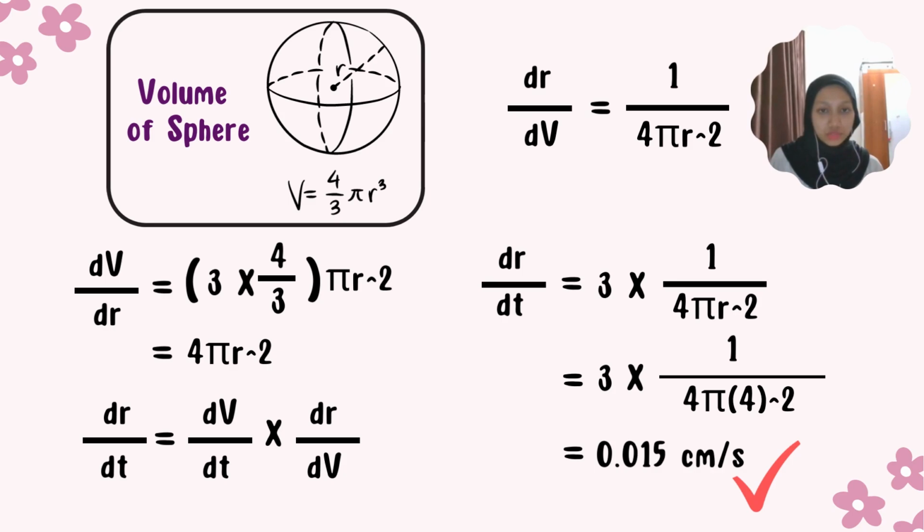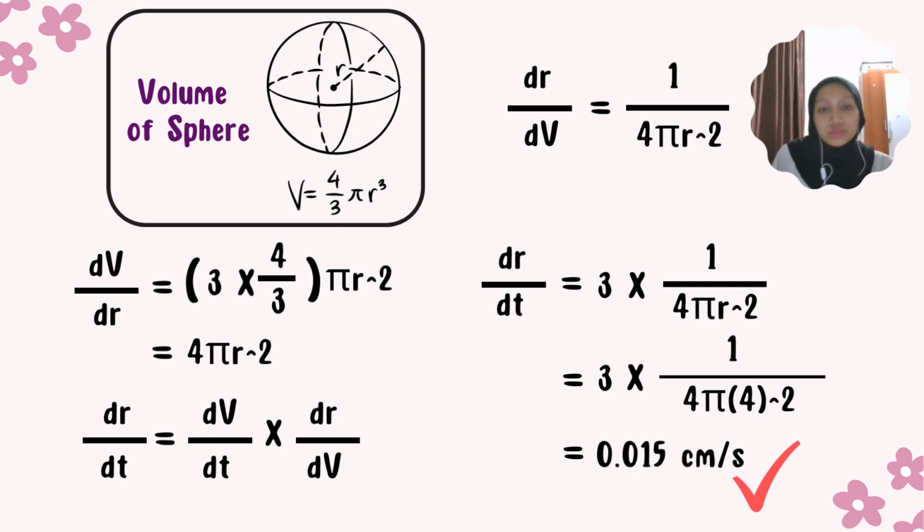After we got the volume of a sphere, as we know, if we differentiate V with respect to r, we will get dV over dr. So from dV over dr, we can also find dr over dV that we need for our objective.